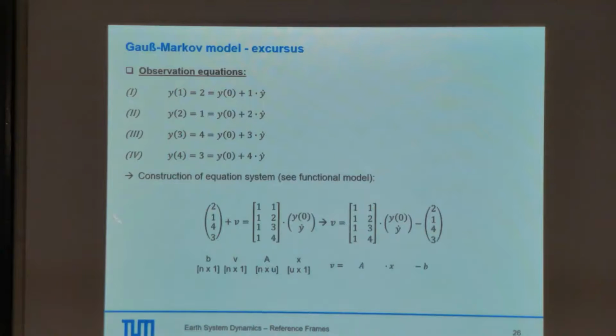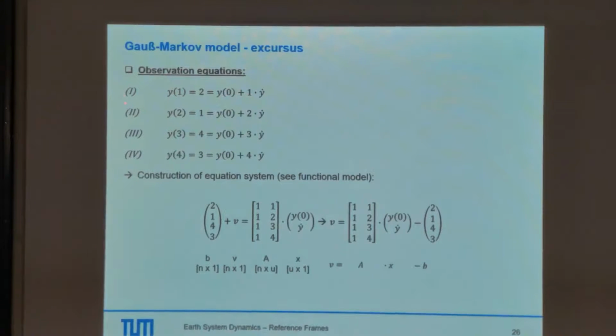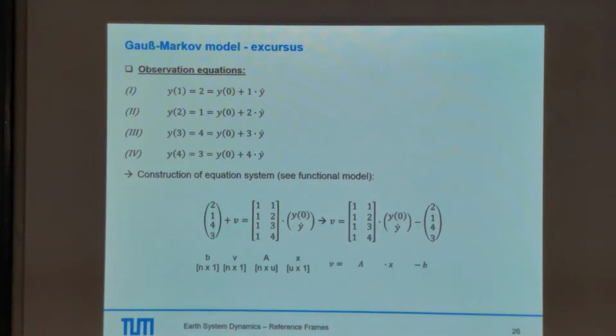What do we do? We construct an equation system here. This is now our vector of observations again. Then we have our vector v here. Then we have our design matrix A, which is more or less the matrix of the partial derivatives we defined before, the Taylor series expansion coefficients. So the partial derivative of this first equation with respect to the first parameter is 1.